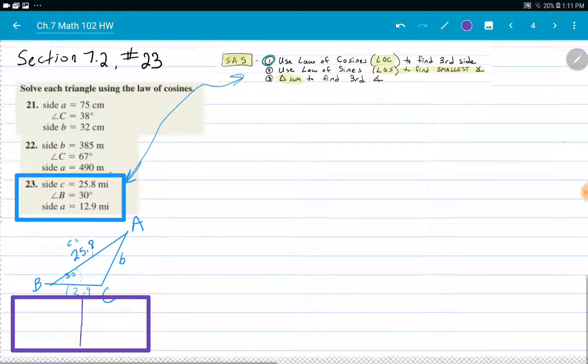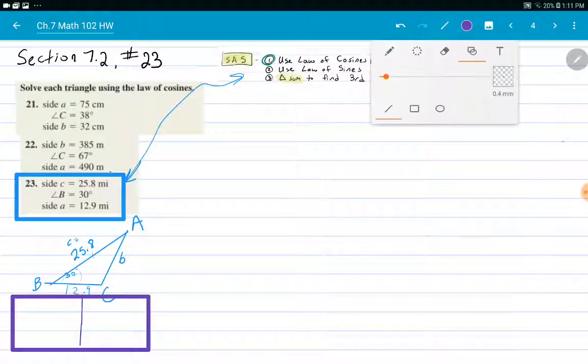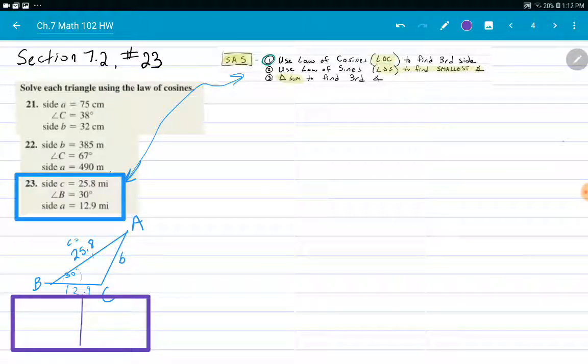One, as a teacher reading this, it's easier to find your solution, but also as a student, it helps me keep track of what I know and what I need. If I want to solve the whole triangle, I need those 6 parts. So I already have side C is 25.8 miles, and side A is 12.9 miles. And I don't know side B.